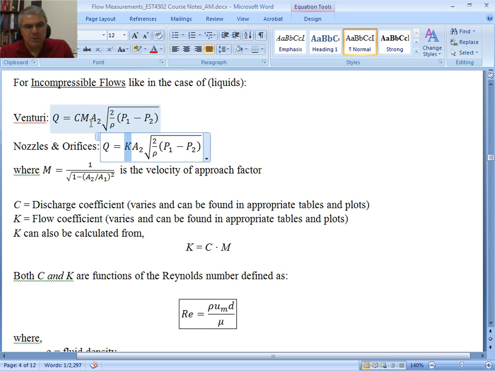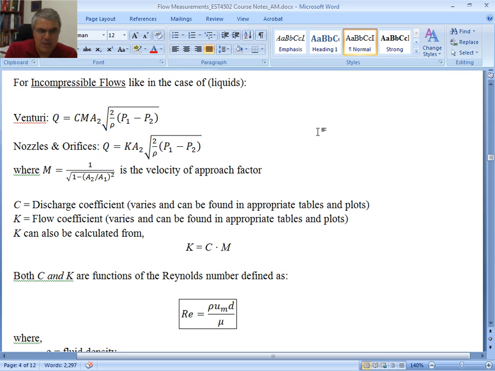However, for Venturi meters, it's more complicated. So instead of having one parameter K, we have two parameters that are multiplied by one another. The question that some of you might have is why do we have so many of these parameters and coefficients here and there? Well, the reason is that from the ideal situation to an actual situation, there are many variables.